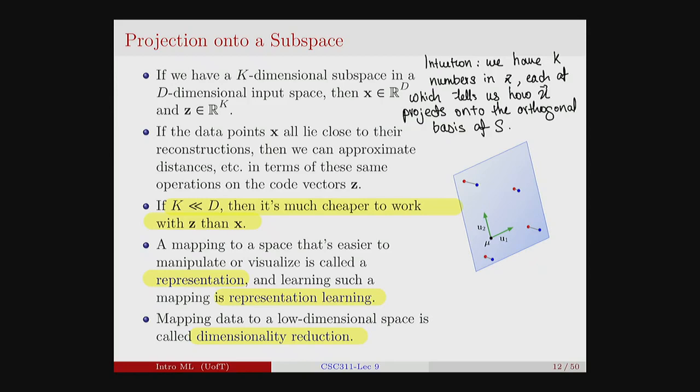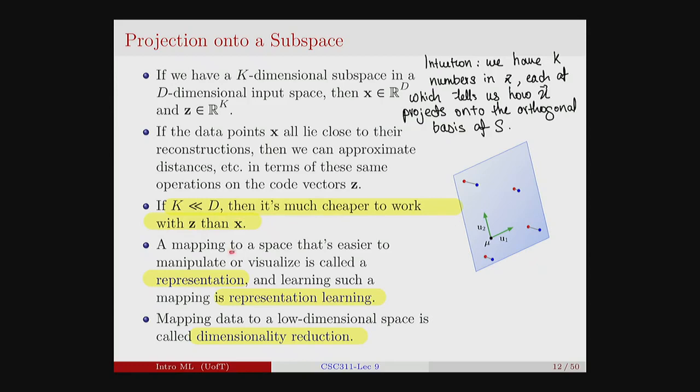And if the data points x all lie close to their reconstructions, then the space is useful because we can start approximating distances not in the original d-dimensional space, but rather in the much, much smaller k-dimensional space. And so when k is less than d, it's much cheaper to work with z than it is to work with x. So it's easier to work with the projection or the reconstruction of x than it is to work with the original data point x.